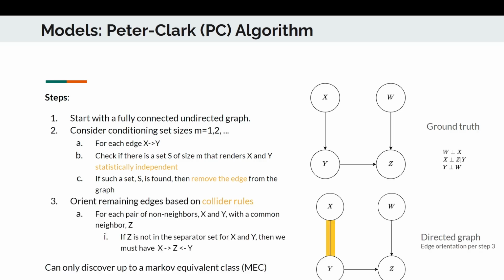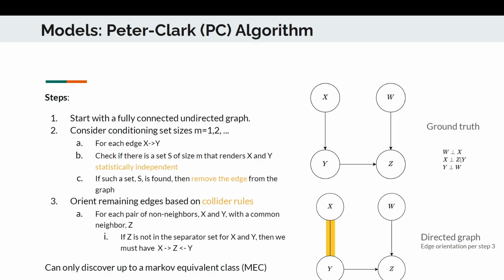The next part is we have to add the directions to the edges, because as you know, directed acyclic graphs means there should be directed edges. So in the next step, this undirected causal skeleton is converted into a directed causal graph by orienting the remaining edges based on collider rules.